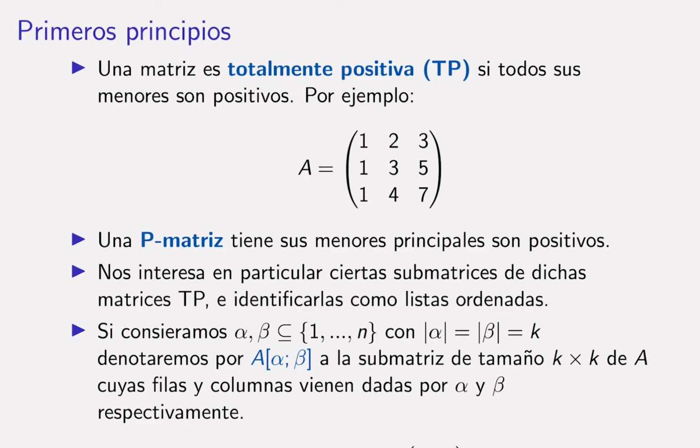We take alpha and beta, any index sets in the set 1 to n, such that both have the same size, let's say k. We denote A bracket alpha beta as the submatrix of A with the rows with the indices alpha and the columns with the indices beta.